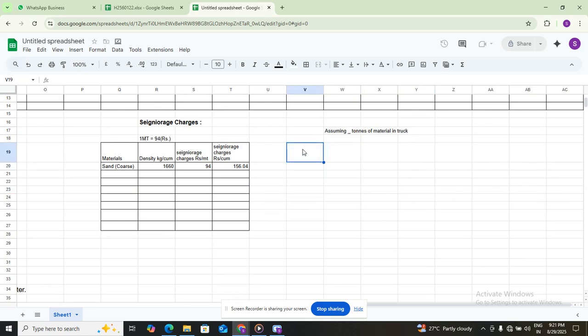First, what is the cost of the material? What is the capacity of the truck, material weight? Material weight in tons.